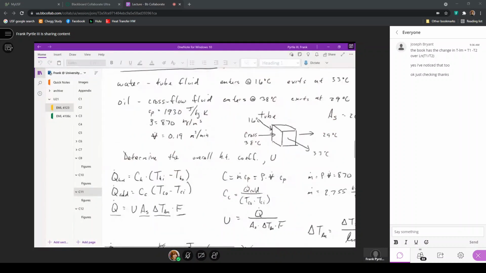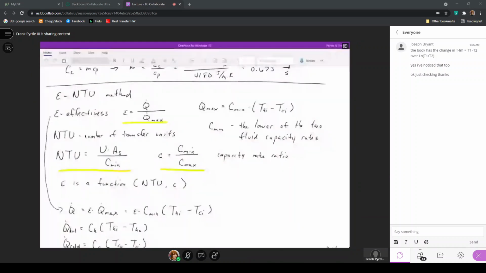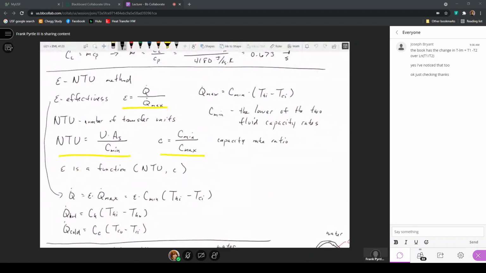Now, when we're considering the effectiveness NTU method, we're still writing expressions for the heat transfer out of the hot fluid and into the cold fluid according to the capacity rates. But now we're defining the heat transferred between the two fluids as Q dot is the effectiveness times Q dot max, where Q dot max is defined as the minimum capacity rate, which is just the lower of the two fluid capacity rates, times the largest temperature difference that exists in the heat exchanger, which is the hot inlet minus the cold inlet.